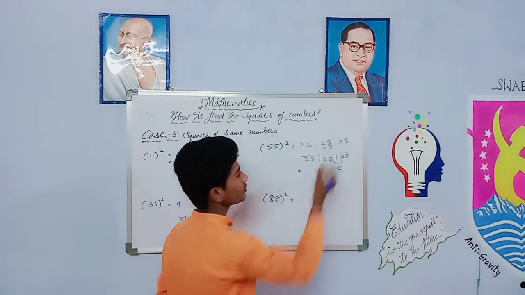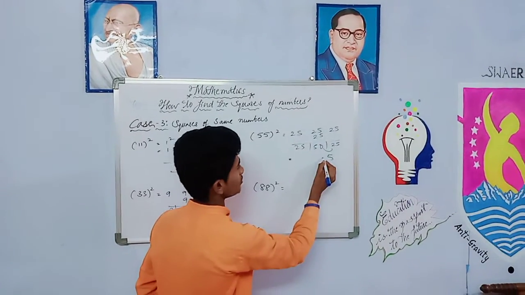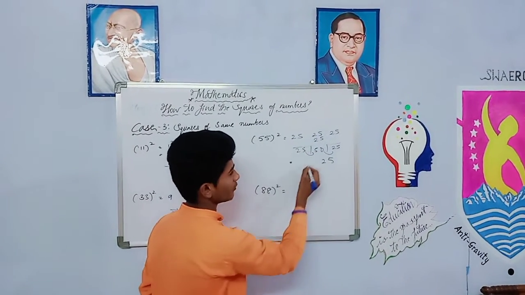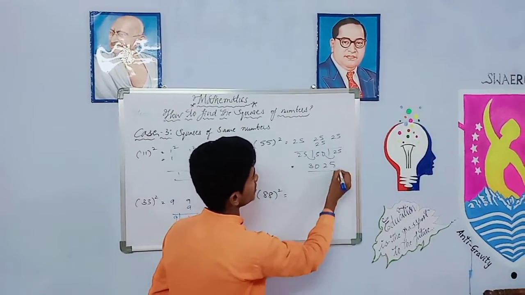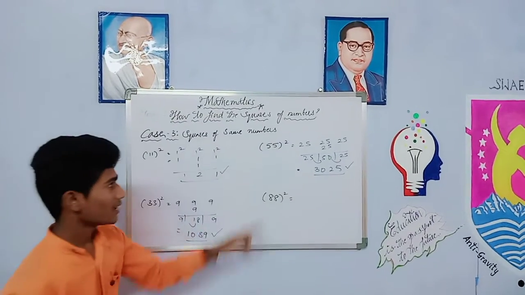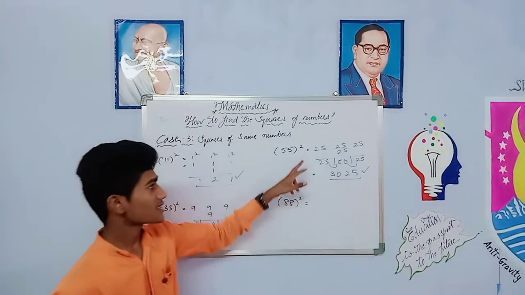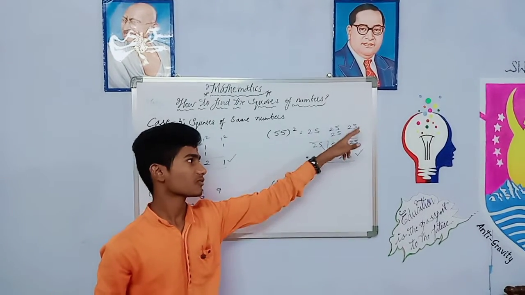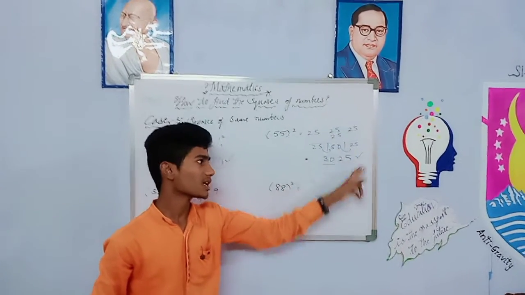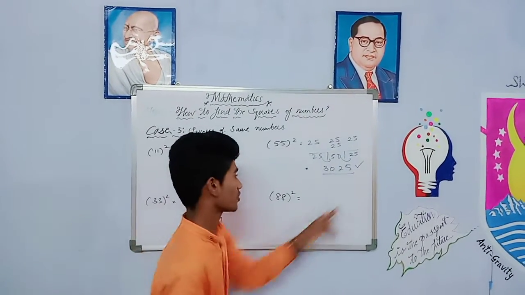Carrying 5 to the left, 2 and 5 make 52, and carrying 5 to the left again, we will get 30. So 3025. If they ask 55 square, you can simply do 5 square, 5 square, 5 square, add in the middle and carry. 3025 is our answer.